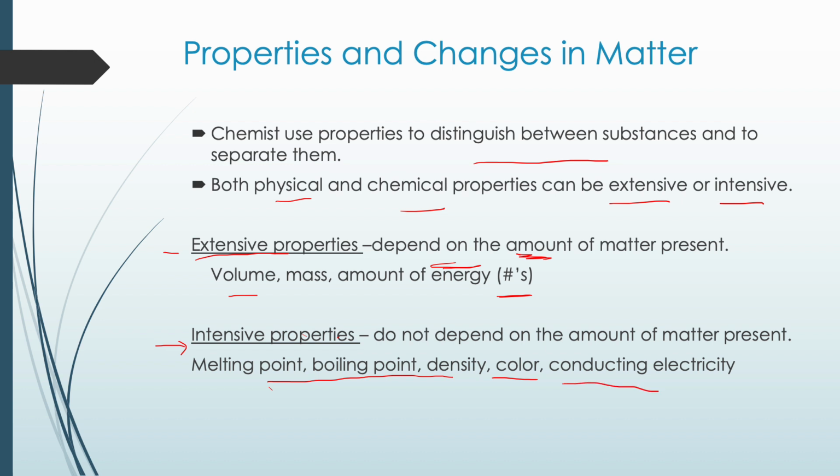Scientists can actually go through and determine if something's going to melt, and once they've determined that, then they can go back and say, okay, now I know the melting point, I know the boiling point, I know the density. Whether I have a bunch of it or a little bit, it's not going to change that property. It's intensive, so again, the amount does not matter.